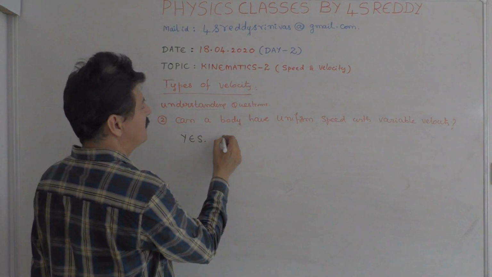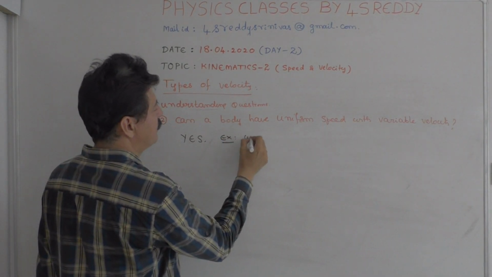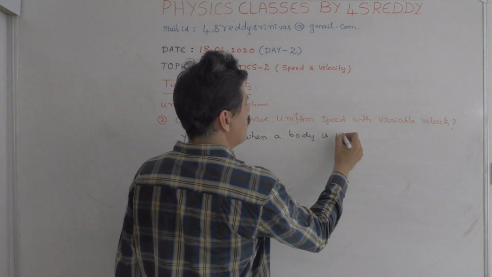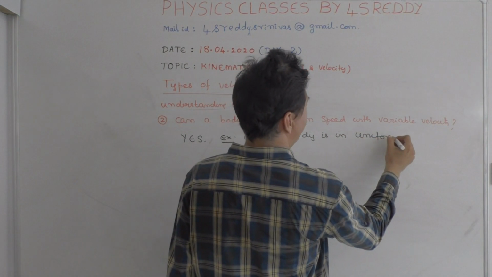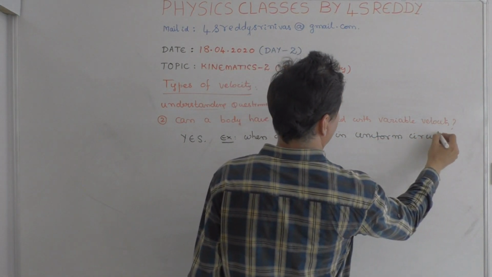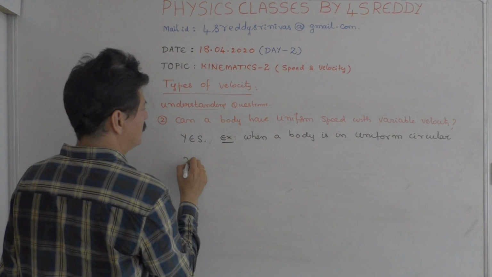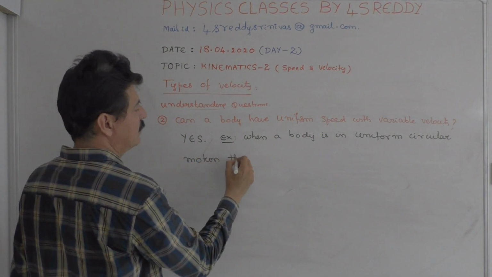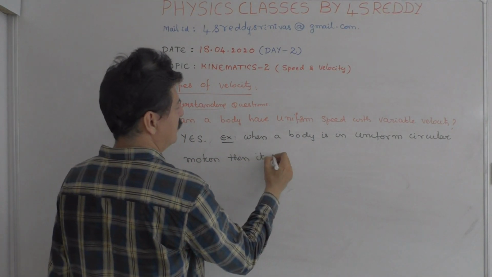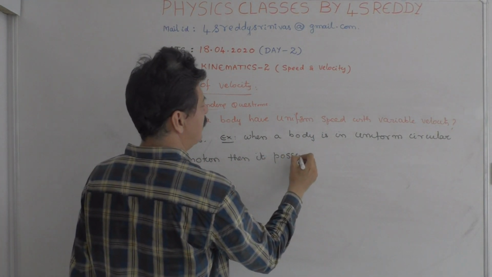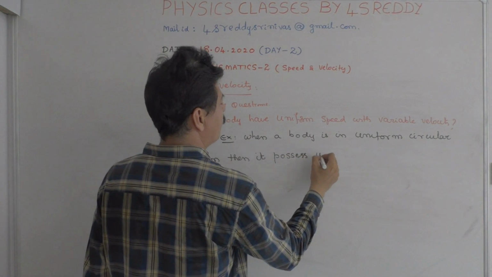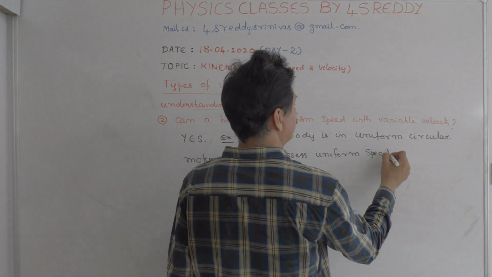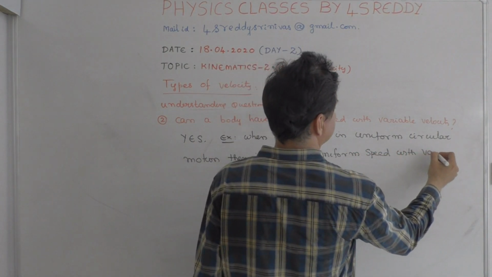So, for example, when a body is in uniform circular motion, then it possesses uniform speed with a variable velocity.